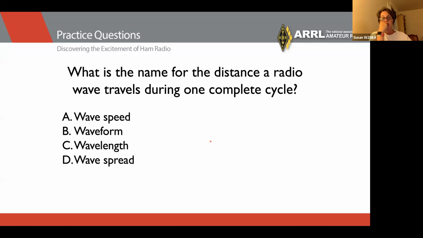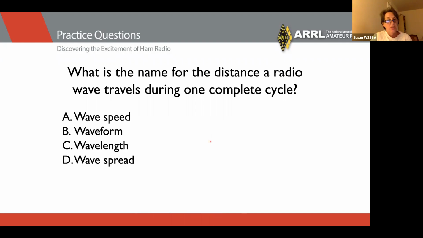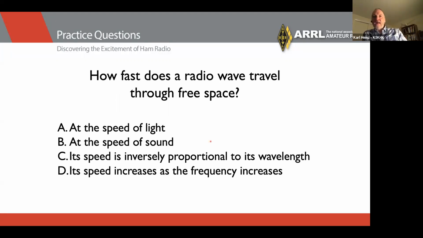And lots of the questions have ways to remember it, like distance and length. Distance is not speed, distance is not form or spread, distance is length. Little tricks like that will help you to come up with the right answer.